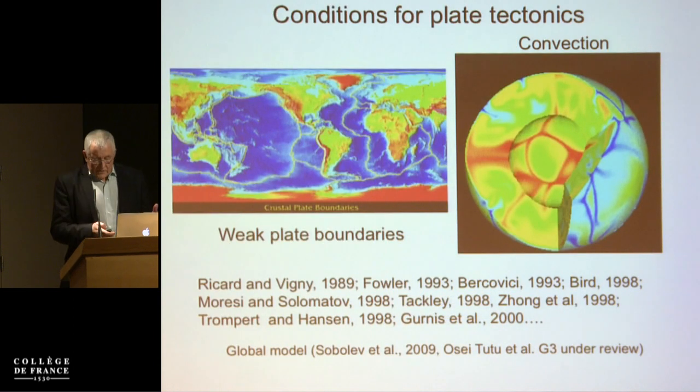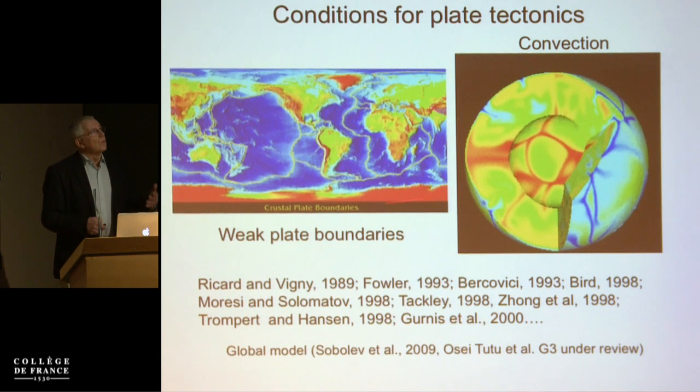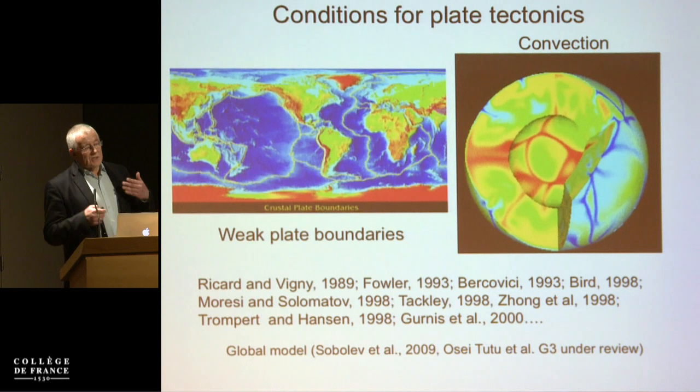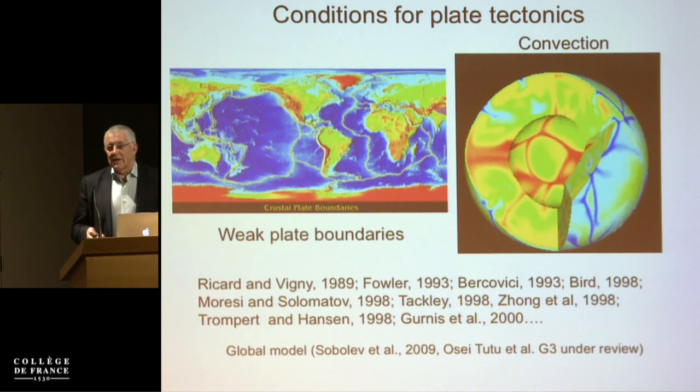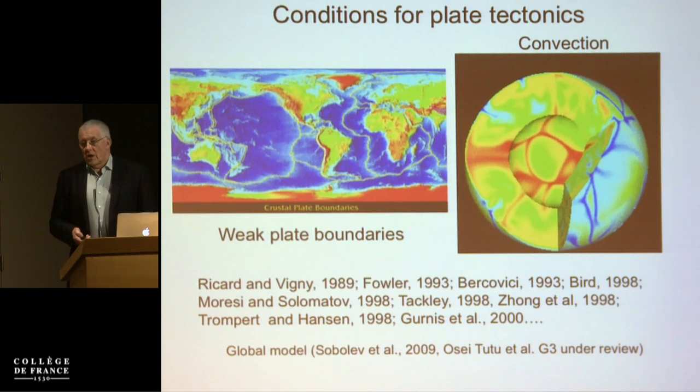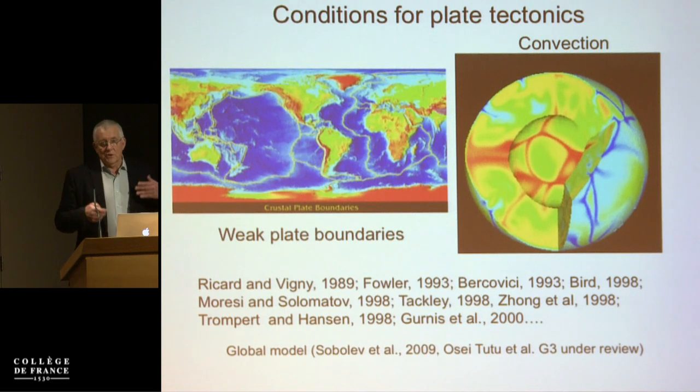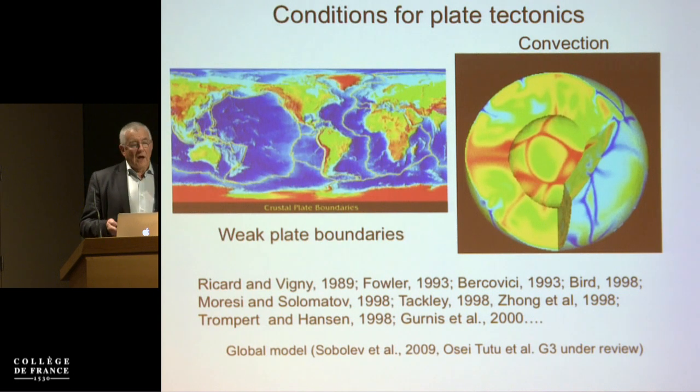Okay, this was not only we who suggested weak subduction zones. Actually, this is an absolutely fundamental question for our planet: what are the conditions for plate tectonics? And usually, you just hear that this is convection, which is driving the plates, and that this is the condition for plate tectonics.